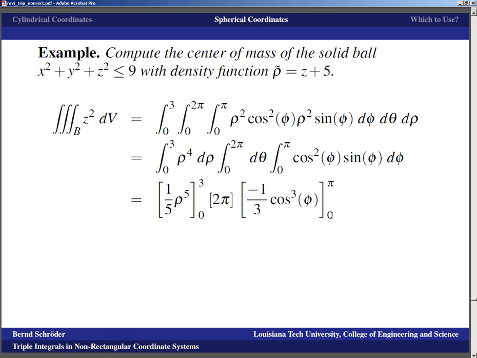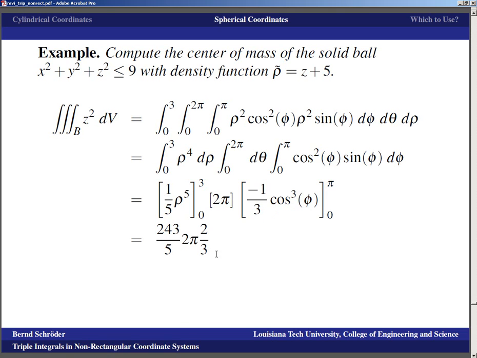Of course, this is in the boundaries from 0 to pi, and so that means here, let's see, 3 to the fifth, 3 times 3 is 9, times 9 is 81, times 3 is 243, so we end up with 243 fifths, times 2 pi, and we have cosine of pi is negative 1, cubed is still negative 1, so we end up with negative 1/3, and then minus negative 1/3, so we should end up with 2/3 here, and we do.